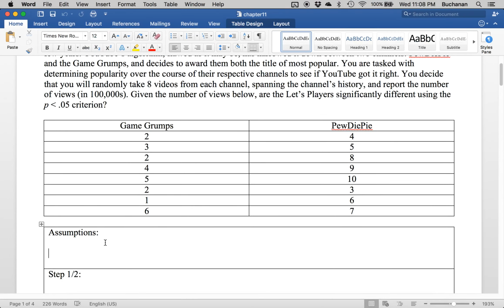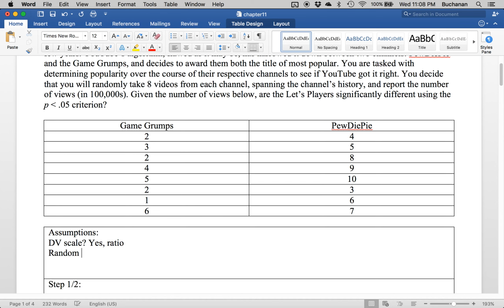So the assumption here is the DV scale. Yes, because it could be 0. No one could watch any of these videos, so I'd say it's a ratio scale. Did we randomly select? Well, since this is YouTube and I have access to their entire channel, I could randomly select 8 videos. So it says randomly take 8 videos. So yes, but I couldn't randomly assign.